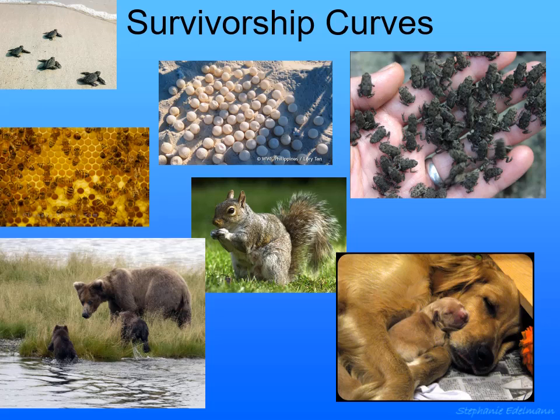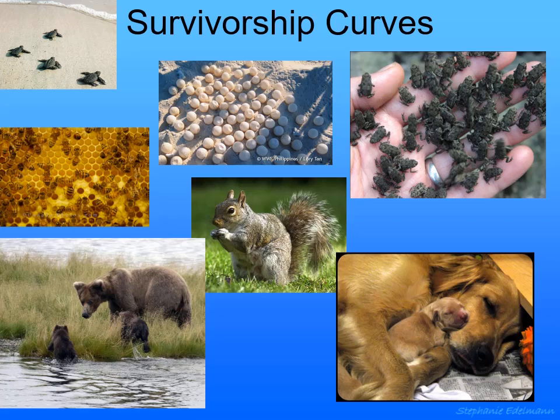Survivorship curves are not something that we came up with. They're just plots that represent what we observe. And these plots of what we observe represent different strategies for survival. There are different ways of being successful for your species to survive.